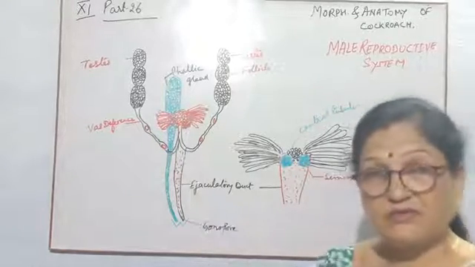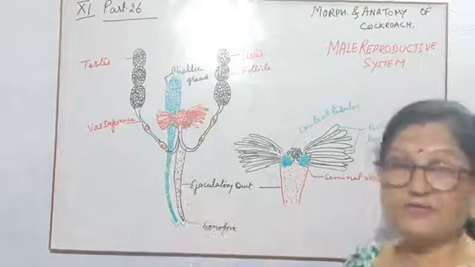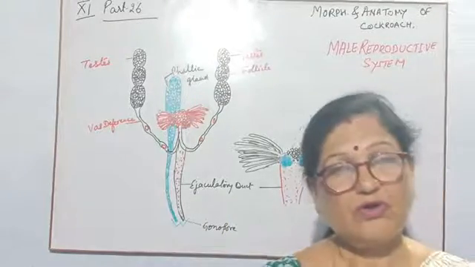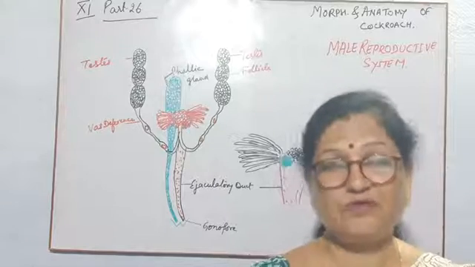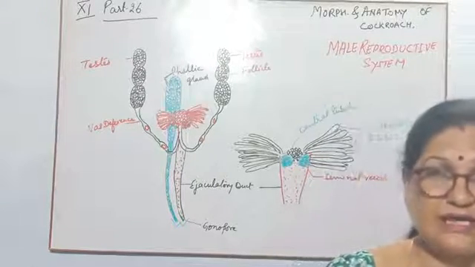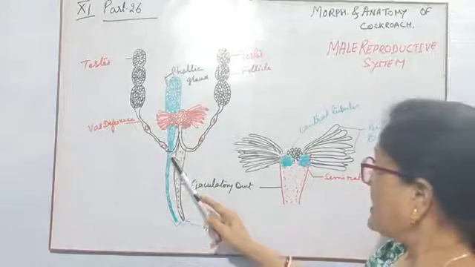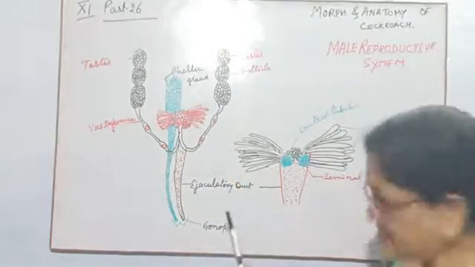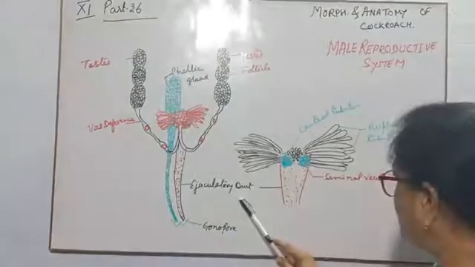So children, now the sperms are not matured or completely formed as a male gamete. So due to that, the cockroaches have, this is the figure, this is the ejaculatory duct.